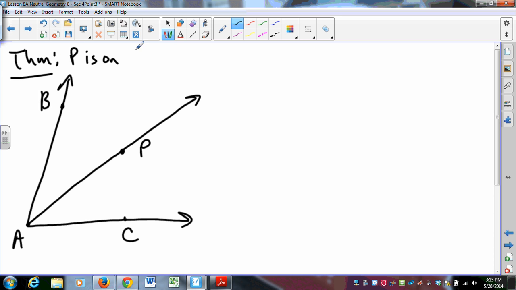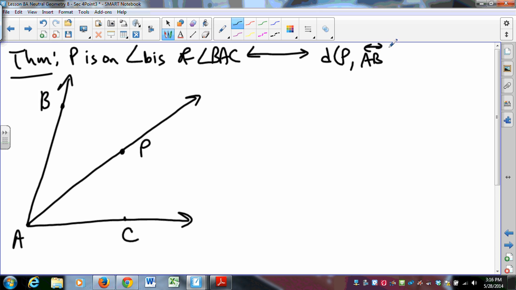P is on the angle bisector of angle BAC if and only if the distance from P to line AB is the distance from P to line AC. And this will be another theorem that you will prove when we get to class. And it goes both ways.